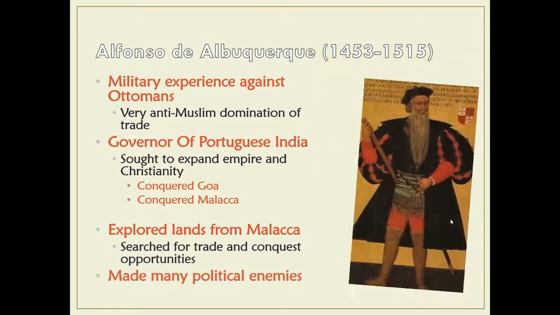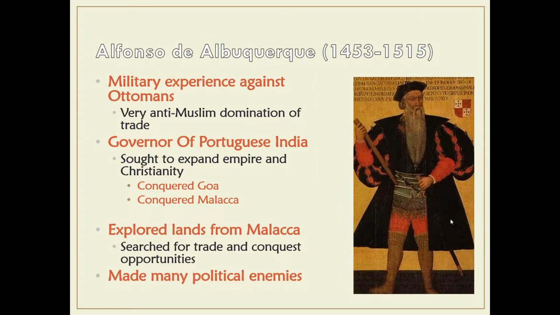And one of the things that happens, though, is that he makes a lot of political enemies during this time. Alfonso de Albuquerque is a very well respected individual by his men, and this gives a lot of the people back home some pause, especially as he's gaining more and more power from Portuguese India. He's expanding out into Goa and Malacca, and from Malacca, he's exploring even more, gaining more and more land for Portugal.